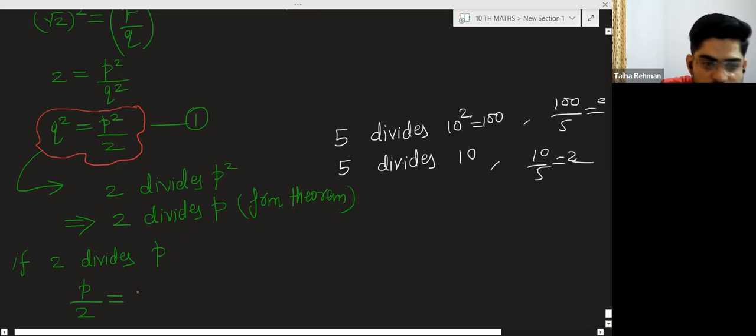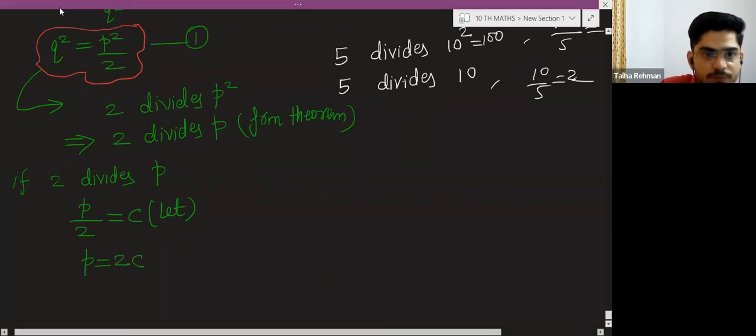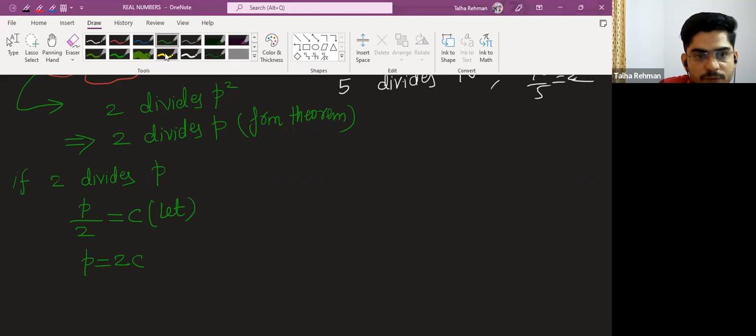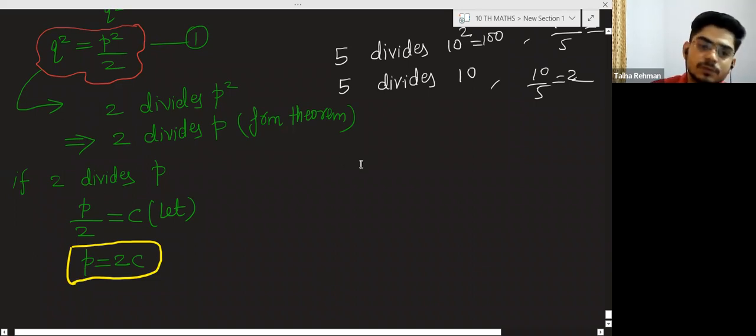So I am supposing that number is c. So from here you can write p equals 2c.